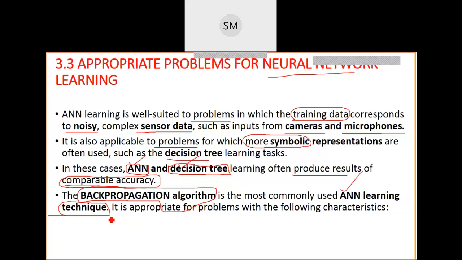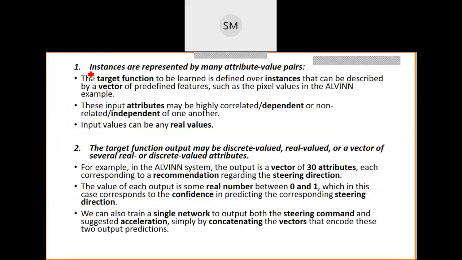It is appropriate for problems which have some characteristics or features. For which types of problems is the back propagation algorithm or artificial neural network suitable? Here 5 to 6 characteristics are there. The first is that the instances are represented by many attribute value pairs.